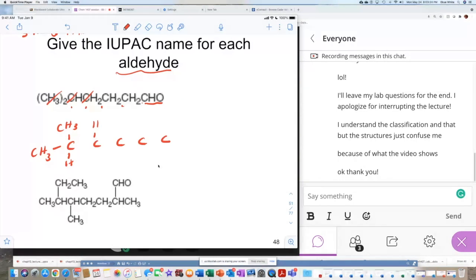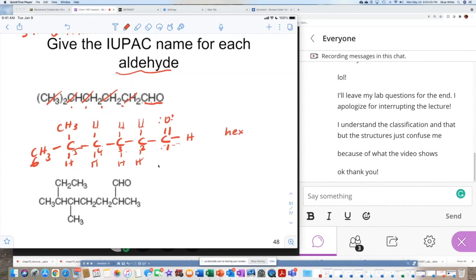I have 2 H's up and down. Then I have this one here, up and down. This one here, up and down. And then this will be oxygen, with 2 bonds right there. So I know it's an aldehyde. That's my aldehyde group on the edge, on the far right. I'm going to number it 1, 2, 3, 4, 5, 6, my longest chain. So this will be 6.